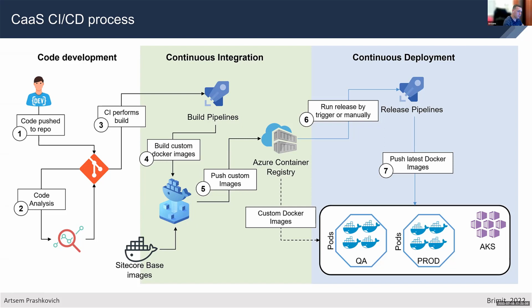So this is how the deployment looks. And again, if you run deployment without any new containers pushed to the container registry, the deployment will do nothing. So it will not take a really long time. It will just check that nothing is new in the container registry and skip the deployment. This is a bit different from deployments to, for example, IIS, where the deployment will happen anyway, even if you don't have any changes.